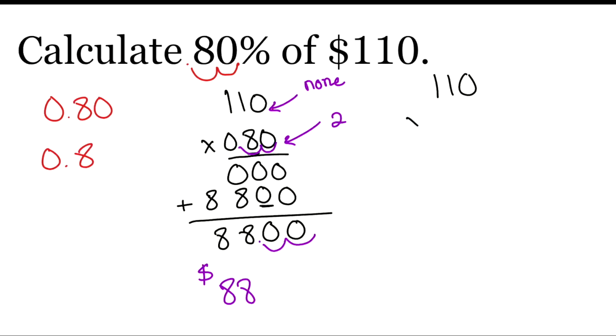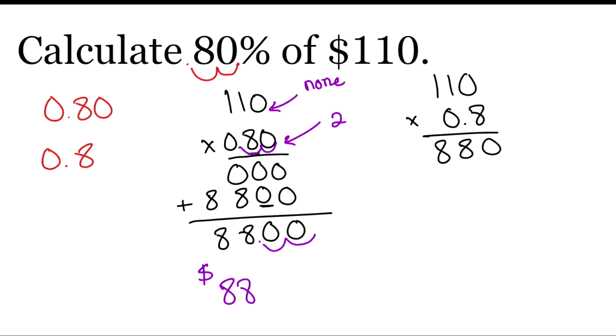So let's give it a shot here. 0.8, and let's go. 0 times 8, that's going to be 0. 1 times 8, that's going to be 8. Another 1 times 8 is 8. Everybody, in this circumstance, in this variation, how many decimal places are we bringing back?